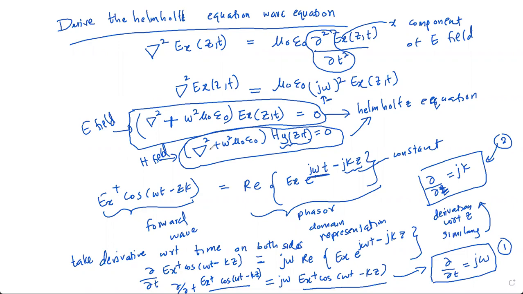In the wave equation that we derived earlier, we had the derivative of the electric field with respect to time, twice. However, in the Helmholtz equation, we do not observe explicit dependency. We do not have explicit dependency of the electric field on time, right?